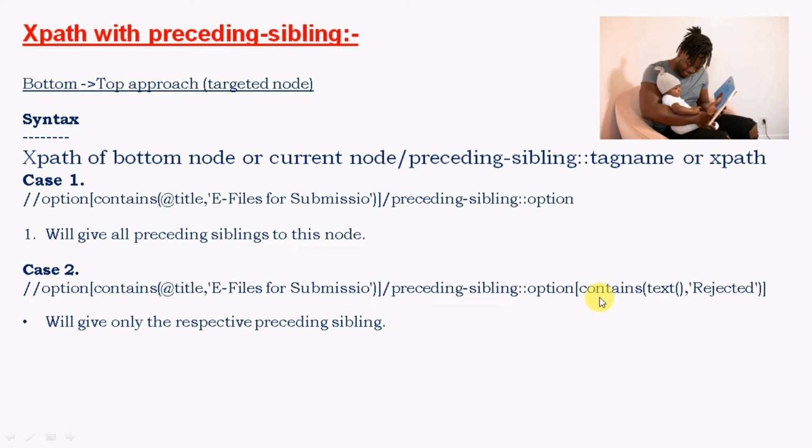So this is the XPath with the contains plus text function. So when you write like that, it will give you only the respective preceding sibling, meaning the unique matching for your automation. So this way you can go. Otherwise here you need to use the group indexing concept. You need to pass the number in the bracket with the tag here. So these are the two cases.